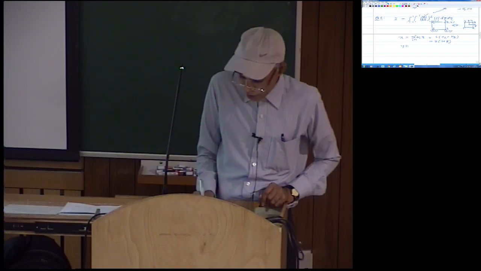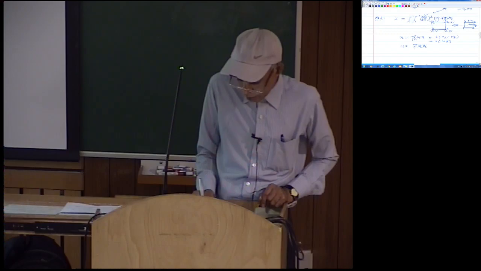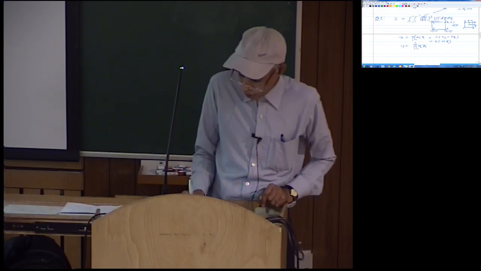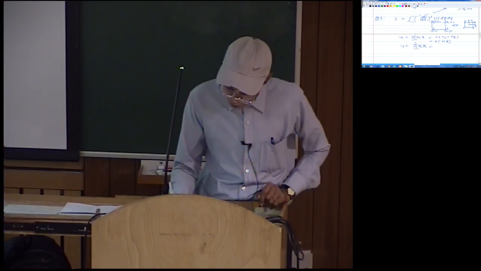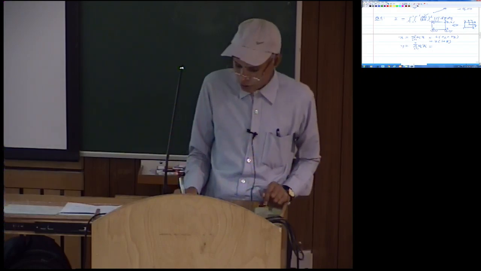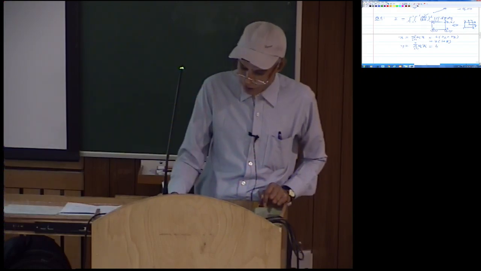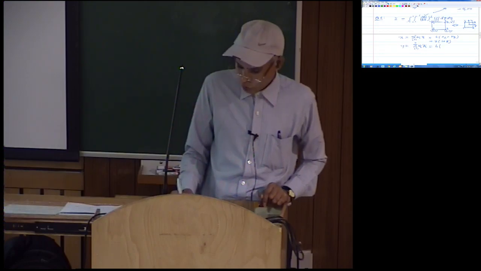Similarly y is the summation over i going from 1 to 4. If you look at the y coordinates, only node 3 and 4 are non-zero, and they are 4 and 4, so 4 into (N3 plus N4).